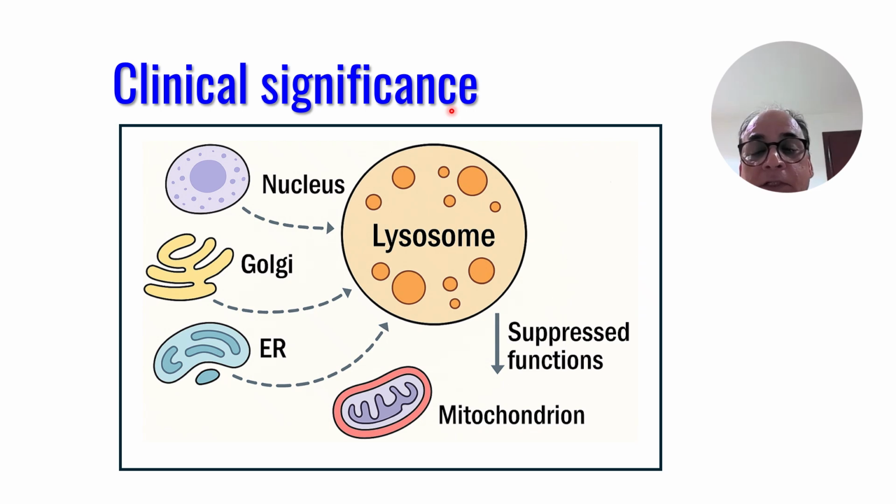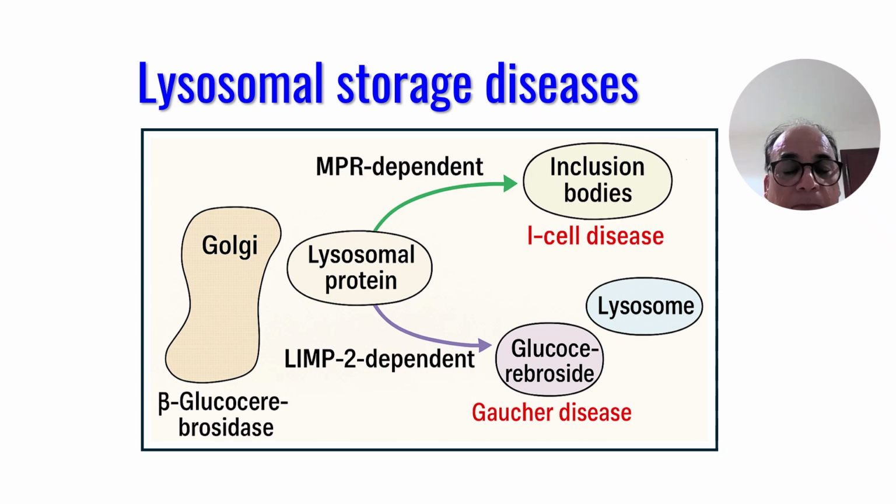These disorders are collectively known as lysosomal storage diseases. I-cell disease or mucolipidosis and Gaucher disease are lysosomal storage disorders characterized by defective lysosomal enzyme activity, resulting in substrate accumulation and associated clinical symptoms. All organs and tissues are affected in these conditions.